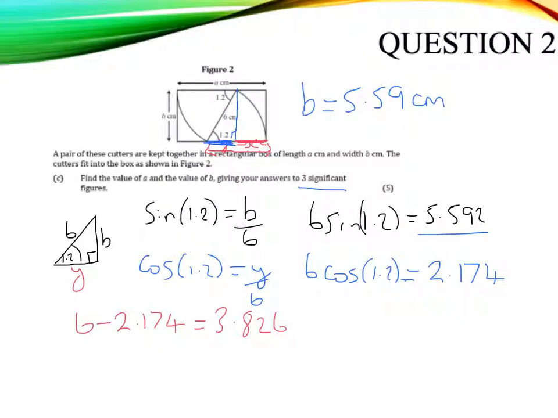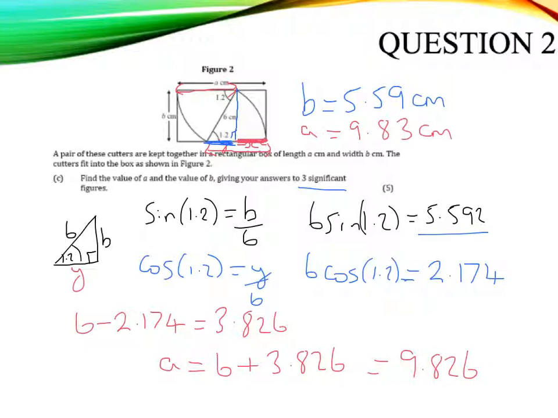Right, that's now this red part, X, which if I now add that to the 6 centimetres that I've got up here, then I can work out A. So A is now going to be 6 plus 3.826, which is 9.826, or to 3 significant figures, A will be 9.83 centimetres.